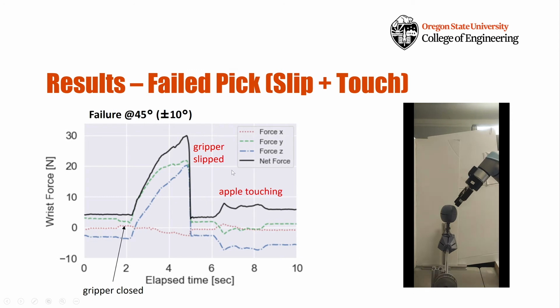This is a third case where the failure occurred with a slippage of the gripper with respect to the apple, and also the apple kept touching the gripper at the end, right there. So that's why you see all these force profiles after the gripper slipped.